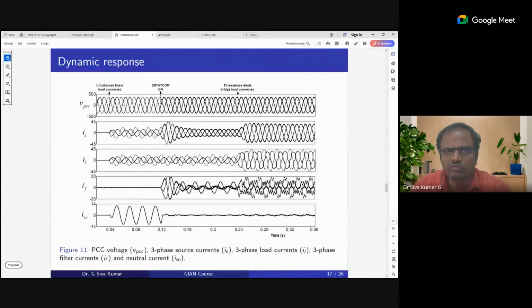Maybe in some cases, especially when you are connecting a battery to a distribution system, there is an effect of overvoltage also. Overvoltage in the sense that if excess power is injected from the battery to the grid, and your load does not have sufficient demand for the excess power, then your voltage is going to shoot up.